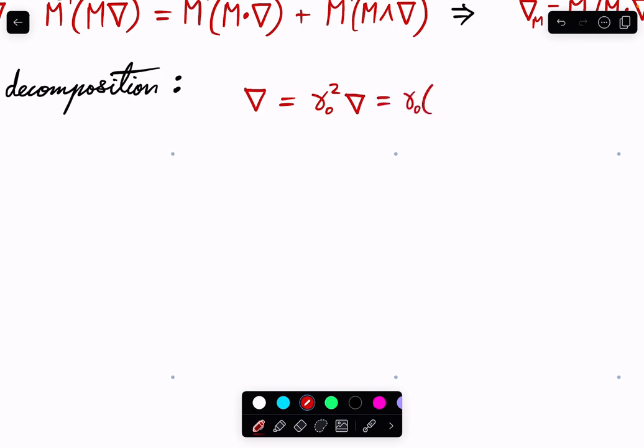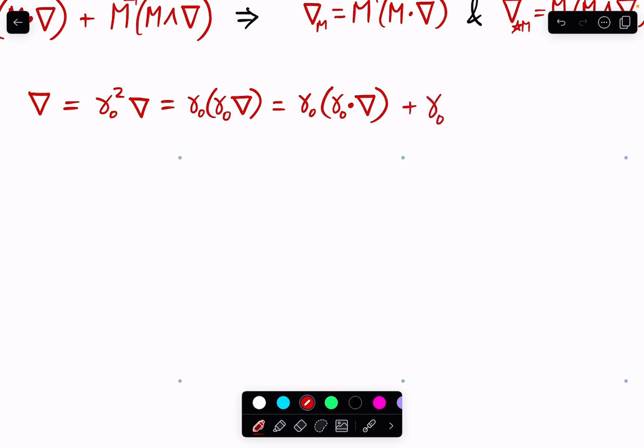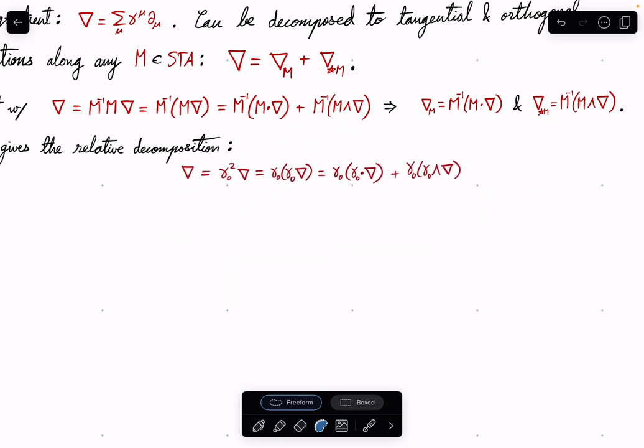Then expand this out, and you have this right here.